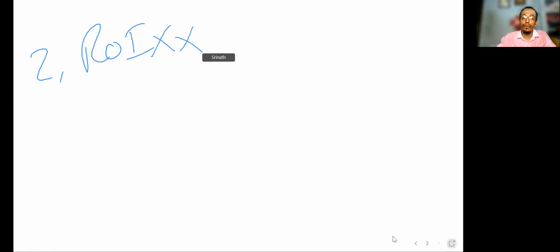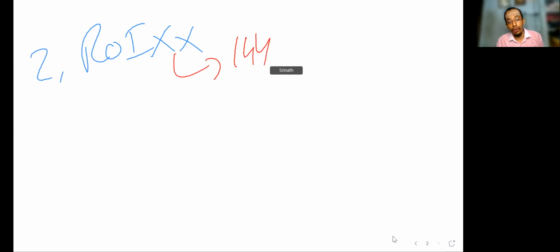Next, second case: return of income is not filed and assessment has been completed under section 144 or 148.